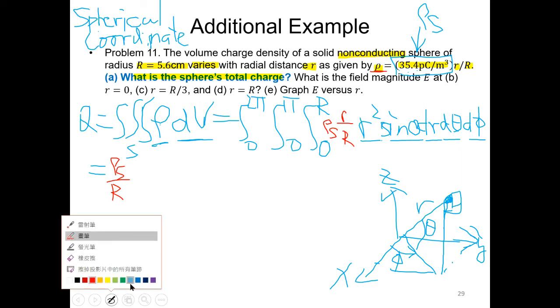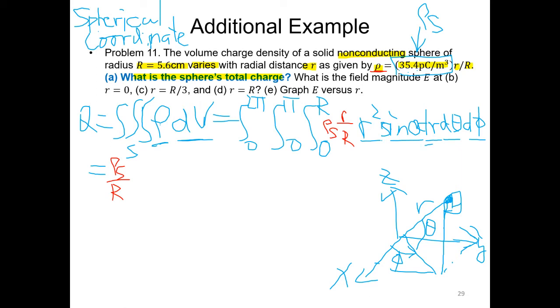And next for dr, we have r cube, because we have one r and we have r square, so we have totally r cube, and we integrate from 0 to capital R, dr. And sine theta is integrated from 0 to pi.